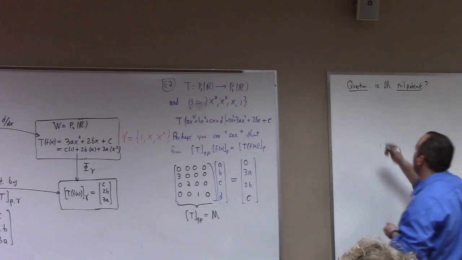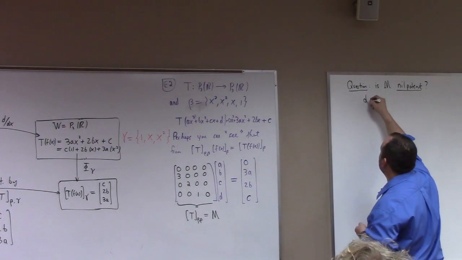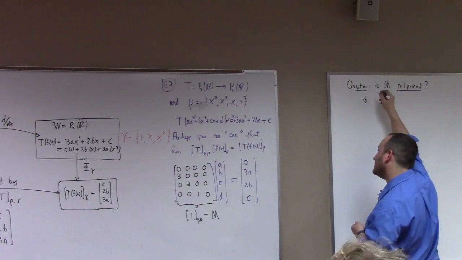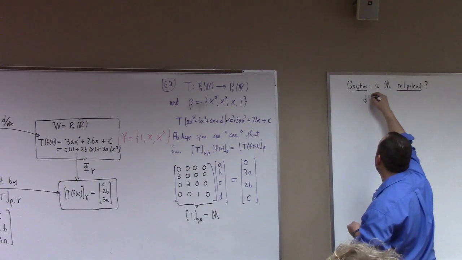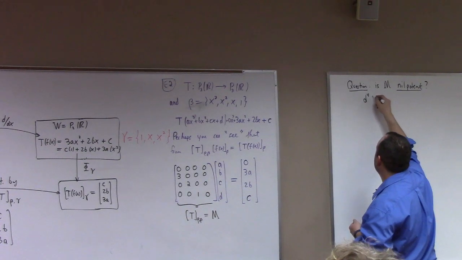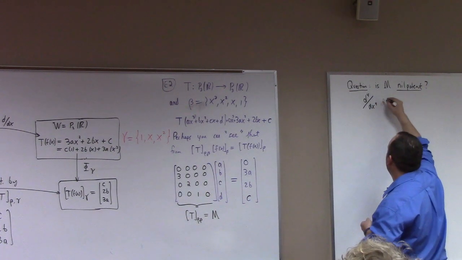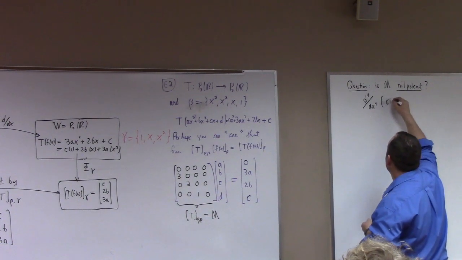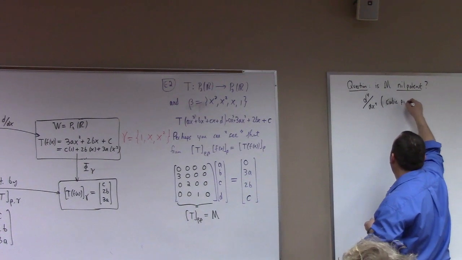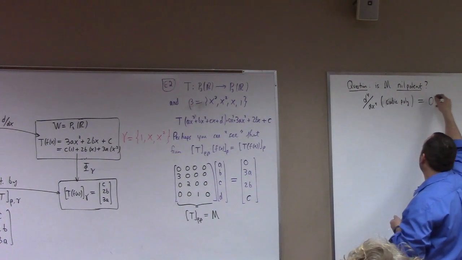Let me ask a different question. Is D to the fourth power, d/dx to the fourth, on any cubic polynomial equal to 0?